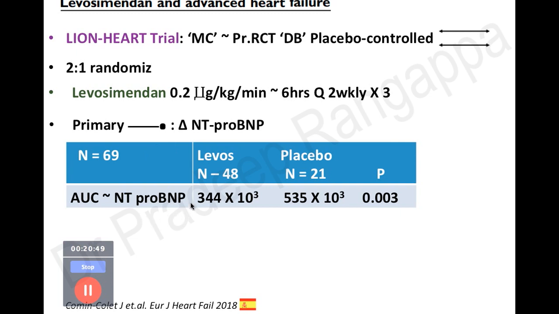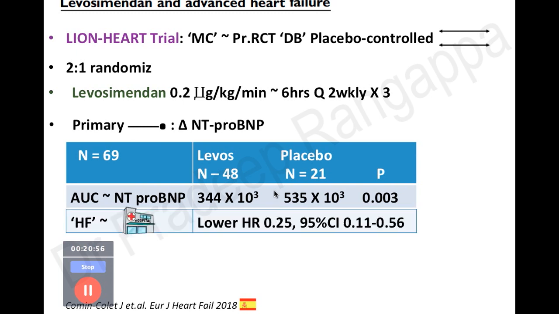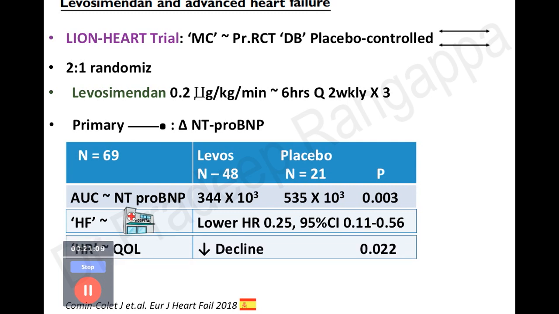As you see, the area under the curve for pro-BNP levels was significantly less in the levosimendan group as compared to the placebo. And heart failure patients requiring hospitalization were also significantly fewer, with a hazard ratio of 0.25, which means the patients needing admission to hospital were much fewer with levosimendan. And they looked at heart failure related quality of life.